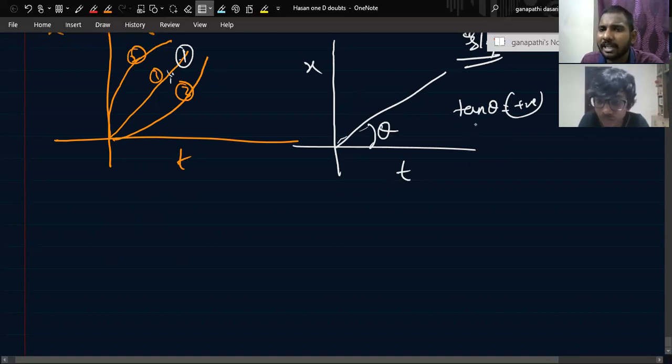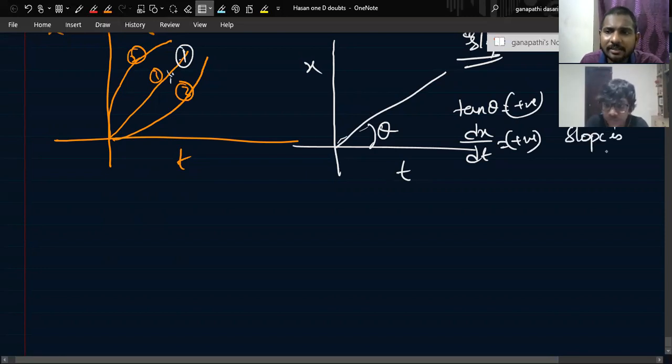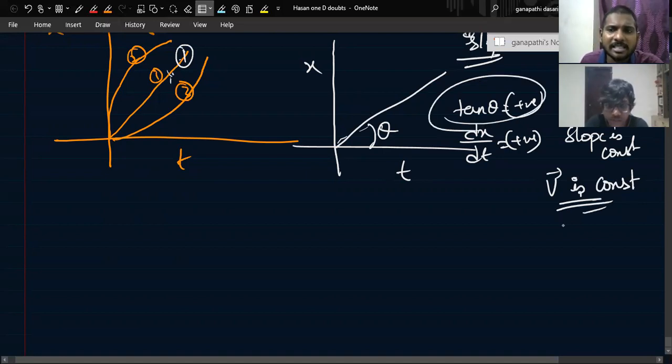Tan theta is positive, that means positive velocity. You got it?